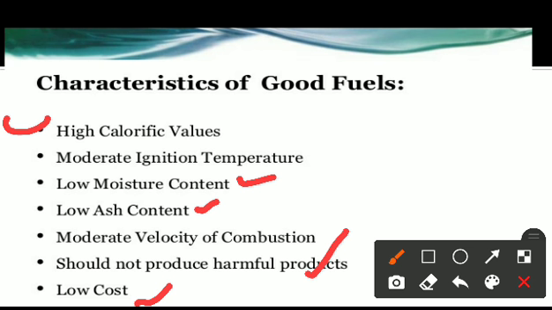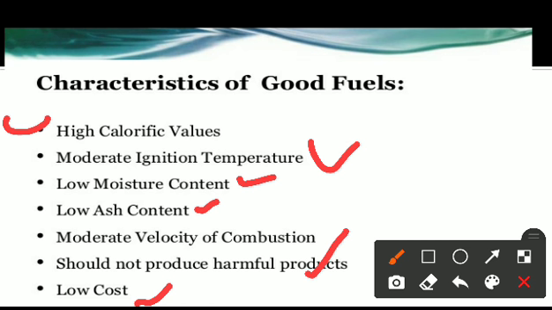They must have a moderate ignition temperature. If ignition temperature is low, then it is easy to start but dangerous for the storage. If the ignition temperature is high, it is difficult to start fire but easy for the storage.